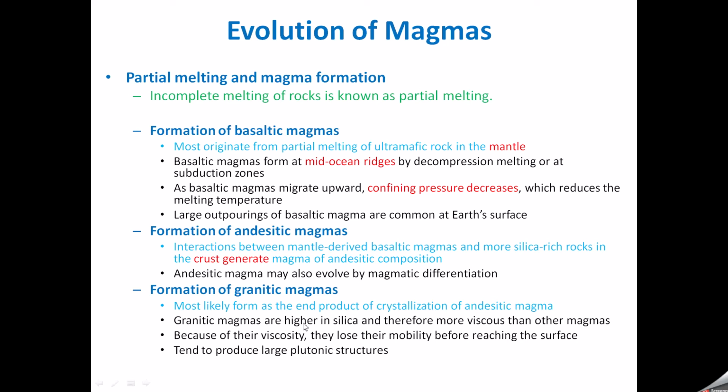Granitic magmas are higher in silica and therefore more viscous. The increase of silica will make the magma more viscous.